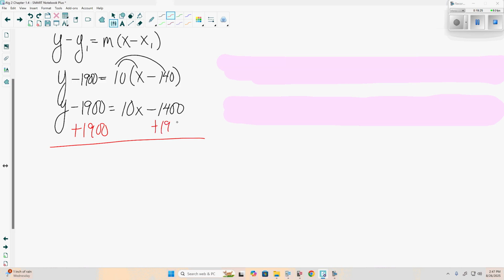Yes. Add 1,900 to 1,400. We add 1,900 to both sides. Because on the left-hand side, the 1,900 minus 1,900 is 0. Negative 1,900 plus 1,900 is indeed 0. On the right-hand side, we still have the 10x. Negative 1,400 plus 1,900 is going to be plus 500.